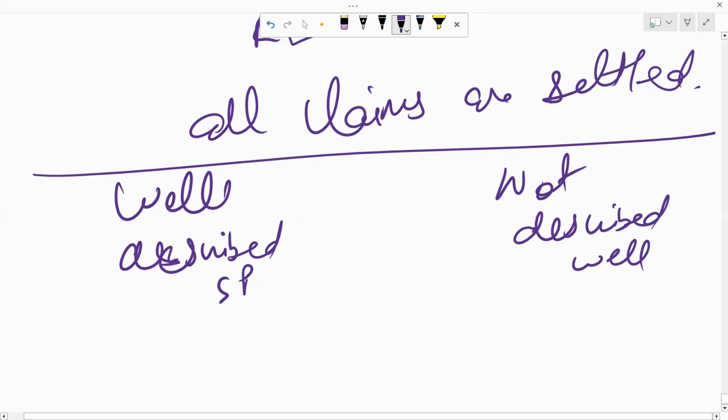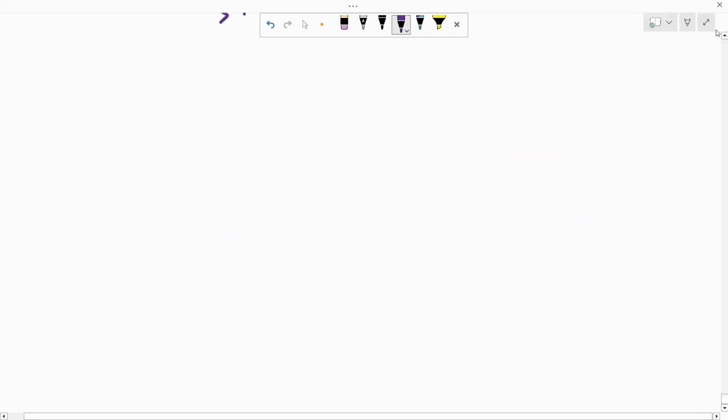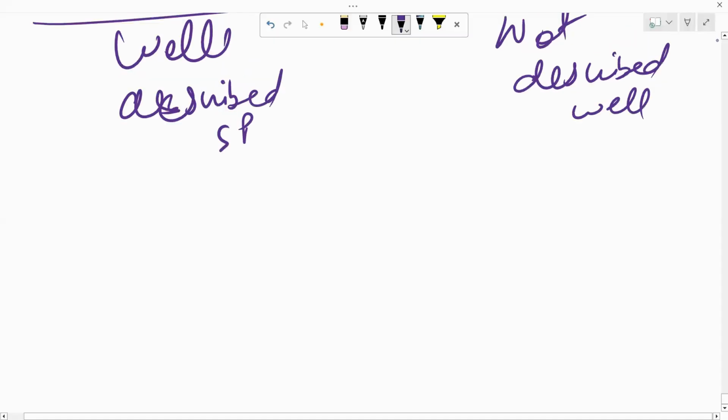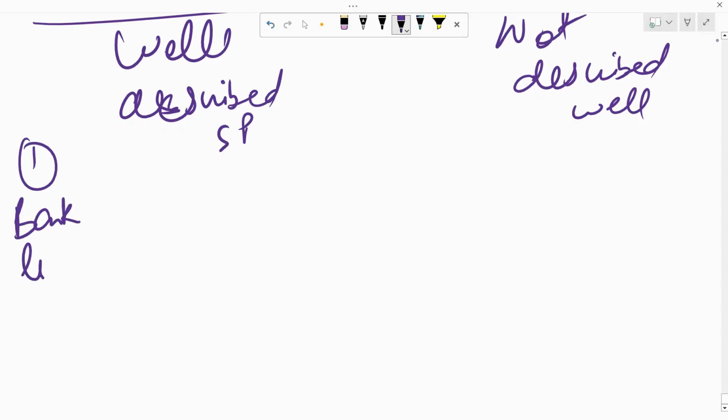Okay, let's see. I'll take one example. Let's take an example of maybe bank loan. Okay, bank loan is an example. Now, first let's see what will be our not well described substantive procedure, right?